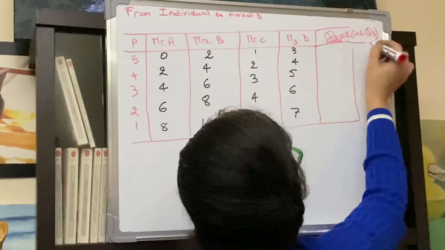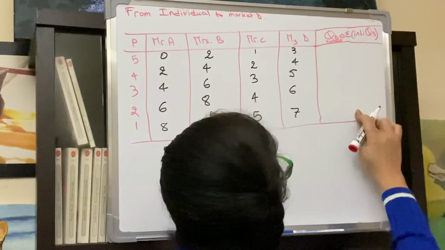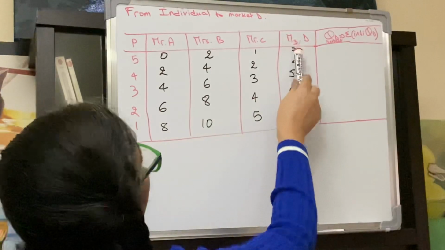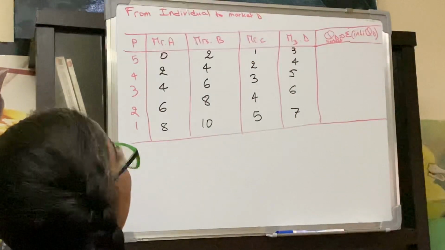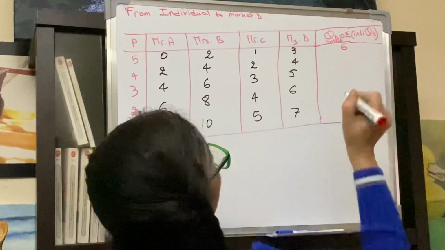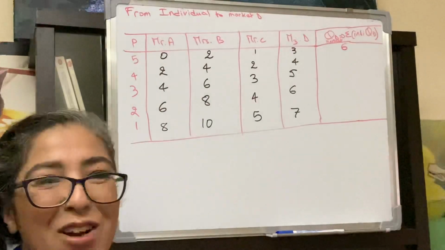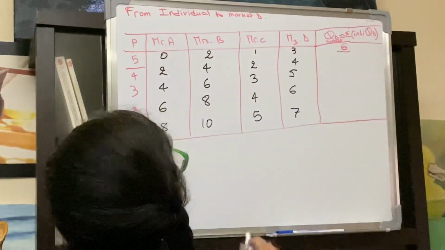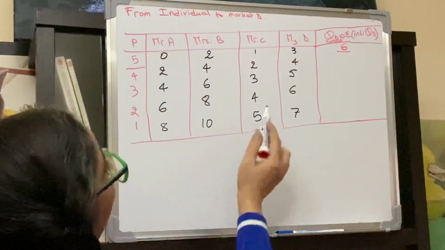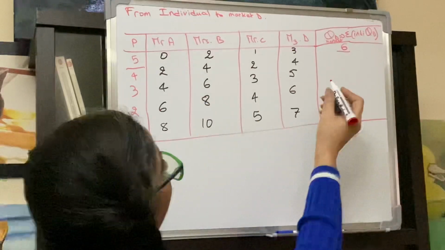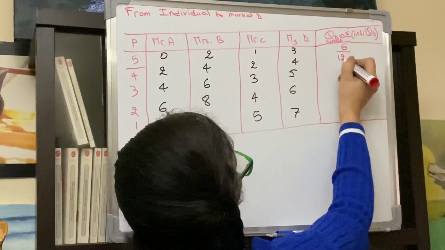Okay, I don't have a calculator, so I'm in a pickle right now. Okay, 3 plus 1, that's 4, plus 2, that would be 6. And here is my quantity. Okay, for price 5, quantity demanded is 6. Price 4, 4 and 4, 8, plus 2, 10, 12.